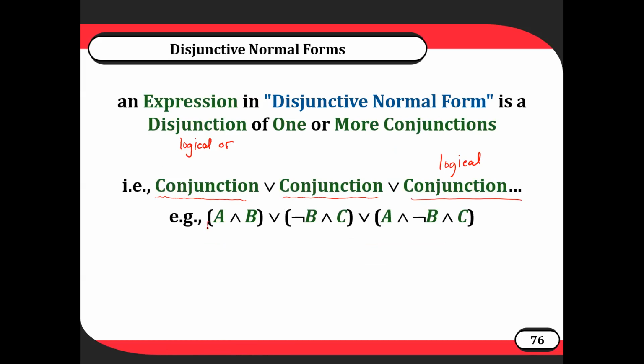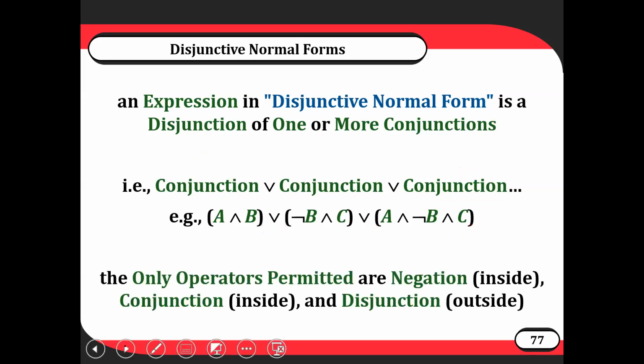So here we have a set of conjunctions held together by disjunctions. The only operators permitted are negation, which are inside the brackets. We want to apply the brackets so that all the conjunctions are done first.